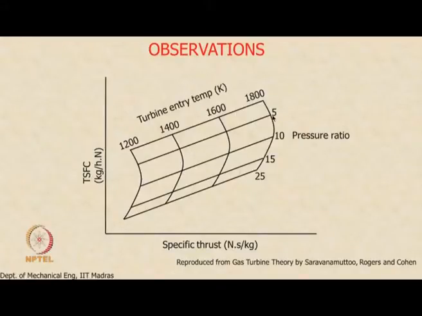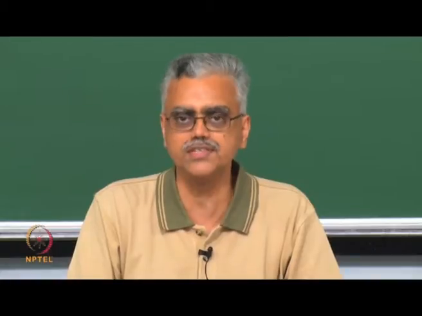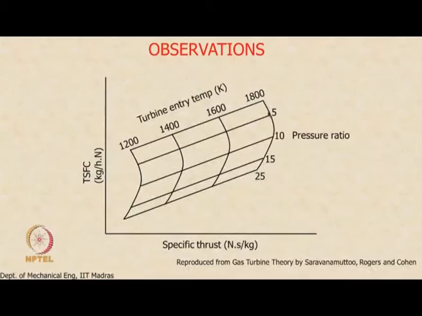So, this is the effect of these parameters on the cycle performance, and you can see now from this graph why there is a continuous push to increase the turbine entry temperature and a continuous push to increase the pressure ratio. So, now we are operating at pressure ratios around 40 or so. So, there is a continuous push to increase this and a continuous push to increase this also, right.